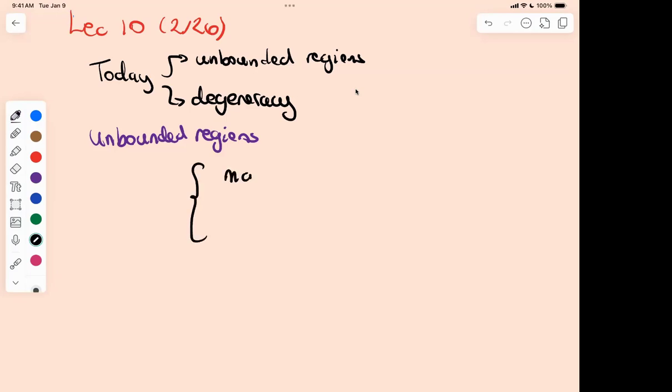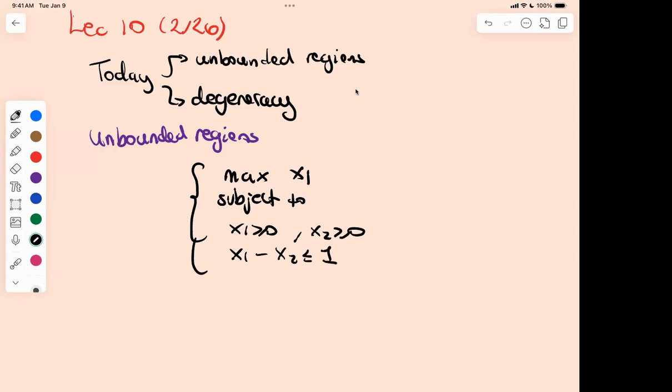Let's say that you want to find the max of x1, subject to the usual conditions, the two variables being non-negative, and then the interesting inequalities are these two. Oh, sorry, less or equal to 2.